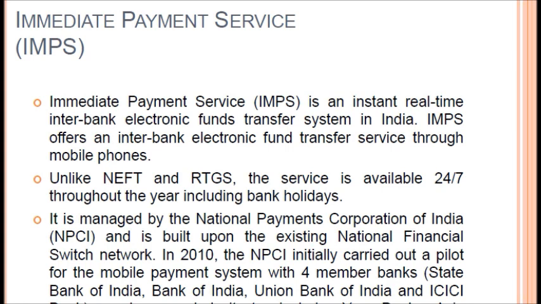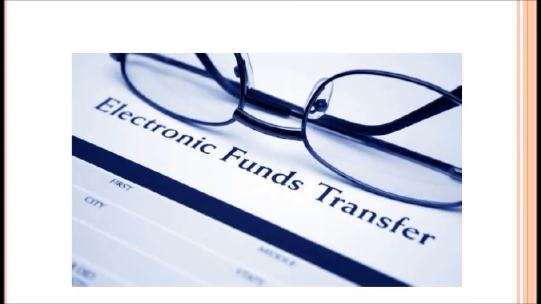And I am using IMPS service on PNB's net banking, not only mobile, in internet banking as well. I'm using internet banking of PNB, Punjab National Bank, and they are not charging any money for IMPS, and you can use net banking services, right?